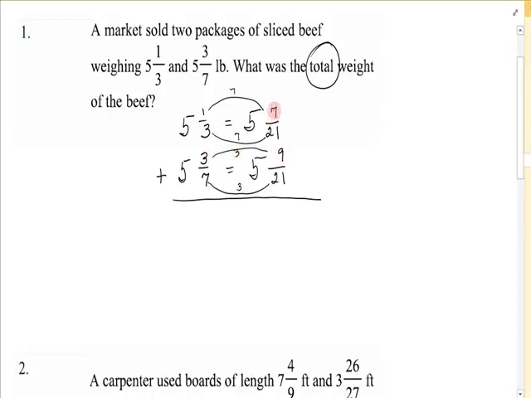So I'm going to add these together. 7 and 9 gives me 16 over 21. 5 plus 5 is 10. That gives me 10 and 16 21sts, and that is the total number of pounds.